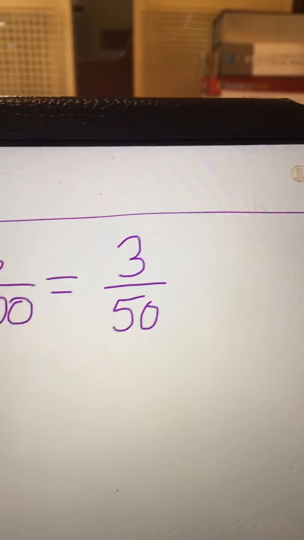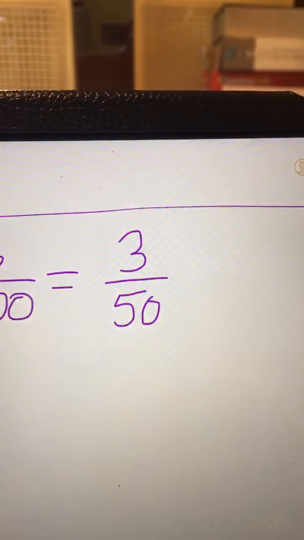Okay, on page 281, you have decimals and fractions and percentages, and they say that you need to put them in order from least to greatest. You cannot compare them until they are all in the same form.